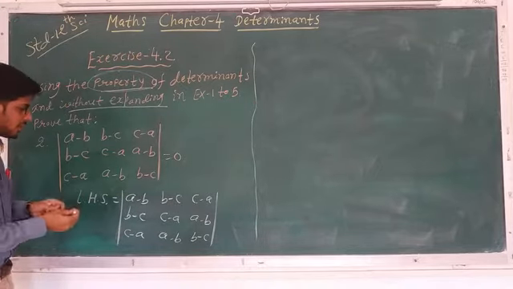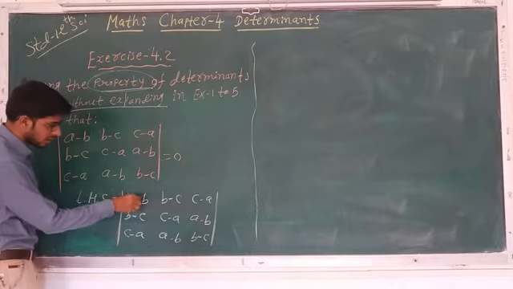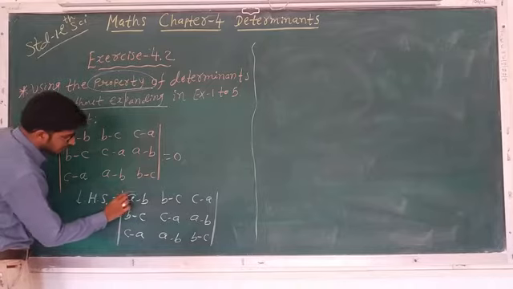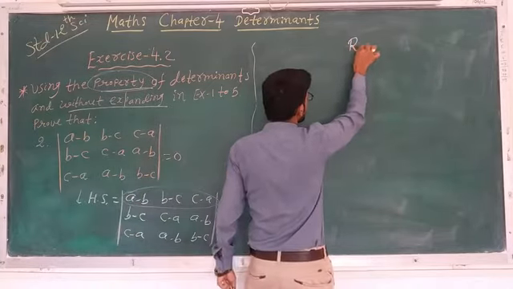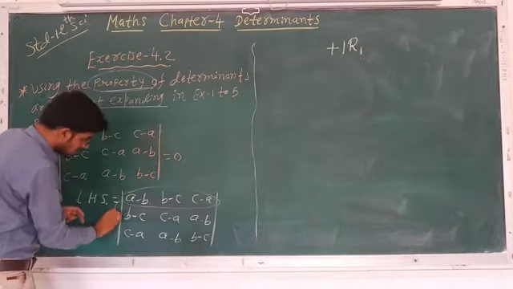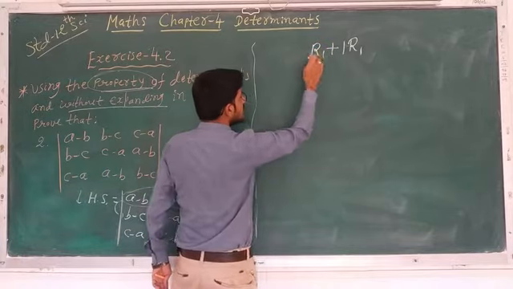What is the sixth property? We have to multiply a row by something and add it to another row. So we multiply the first row by 1 and add it to the second row.